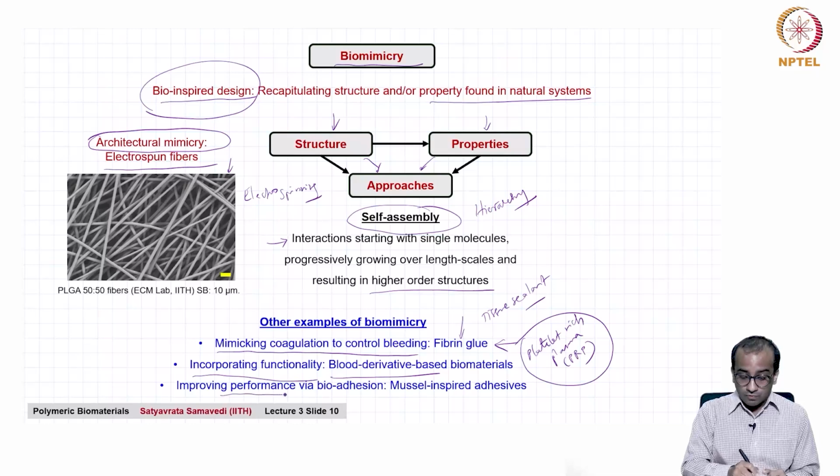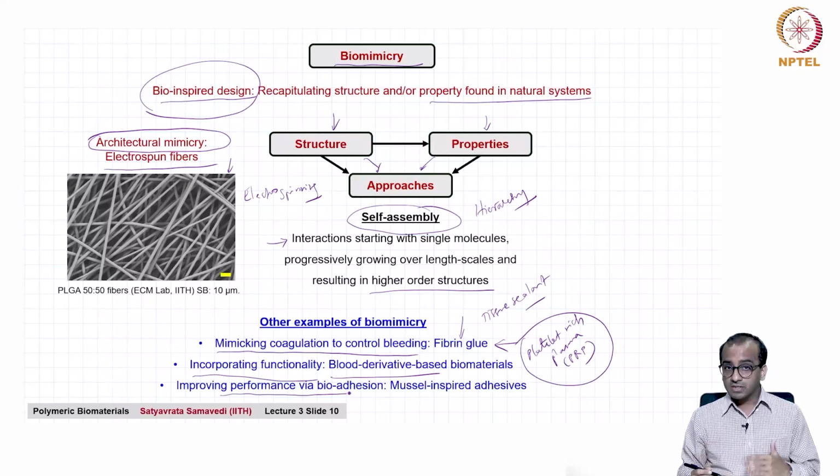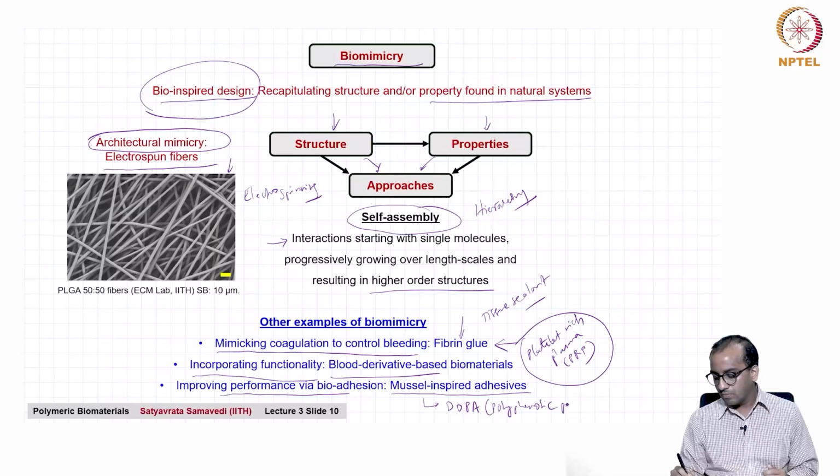You can also improve performance through bioadhesion. This is another bio-inspired design where people have been looking at mussel-inspired adhesives. Mussels are sea organisms that produce a polyphenolic protein that goes by the acronym DOPA, and that helps the mussels attach in the presence of water.